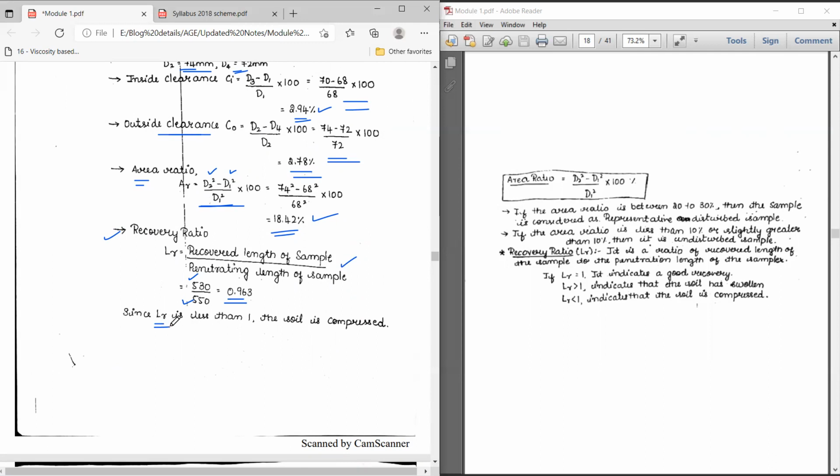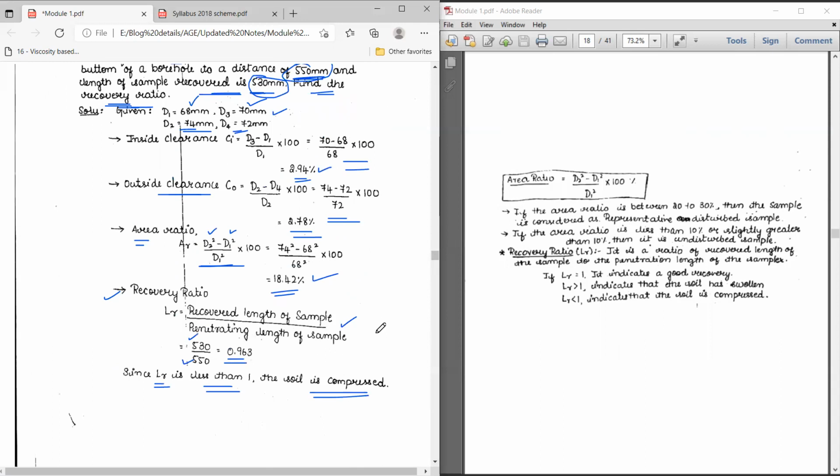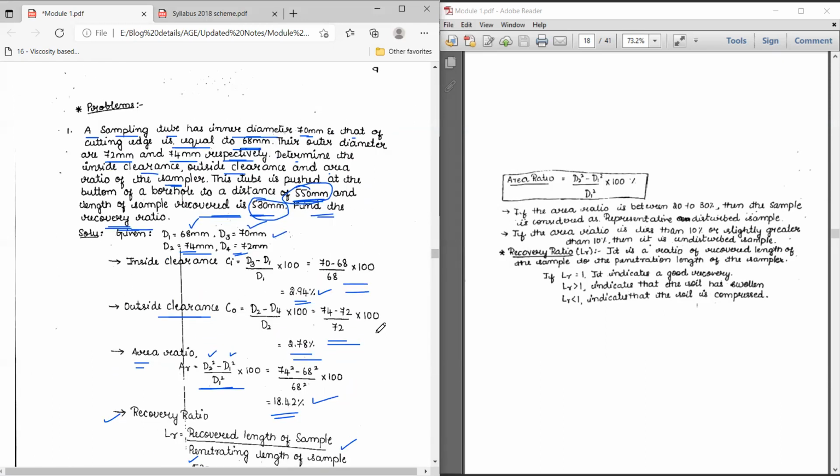Since the recovery ratio is less than 1, we can say that the soil is compressed. Okay, and this is how you need to work out problems on whether the soil sample is disturbed or undisturbed based on the diameter of the sample tube and cutting edge.